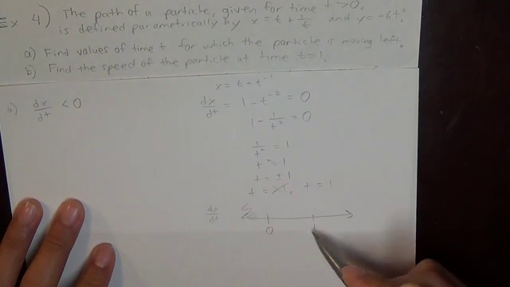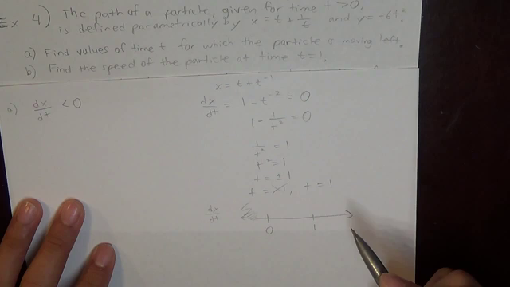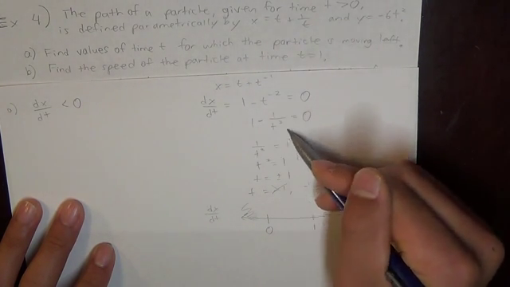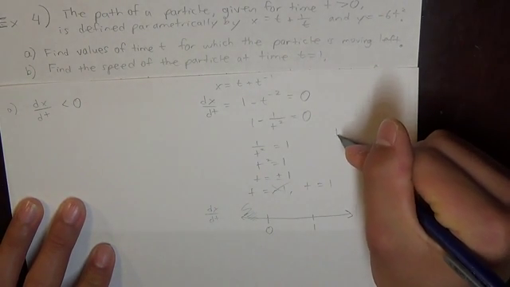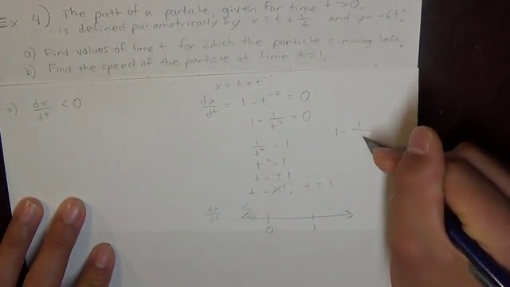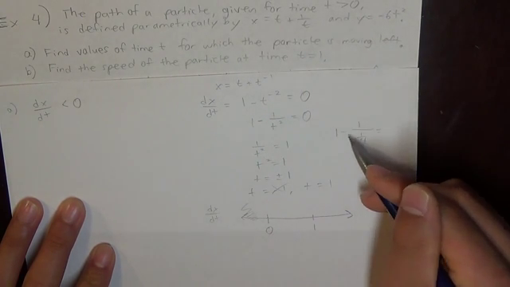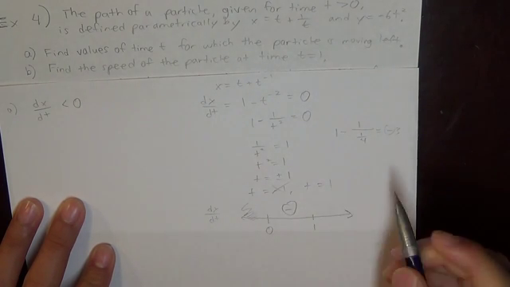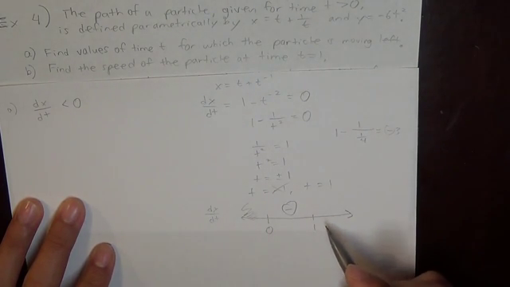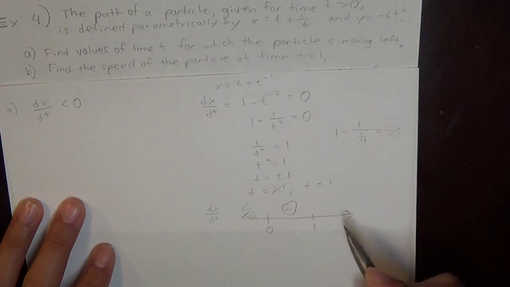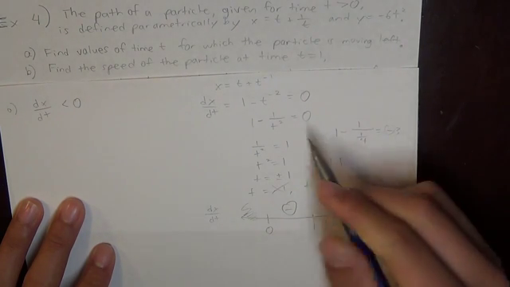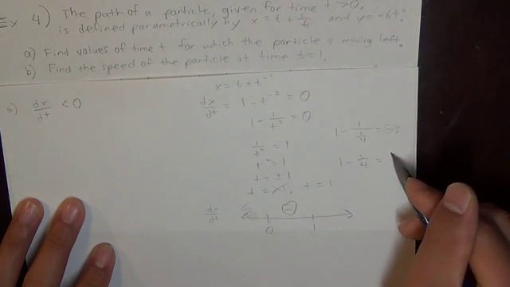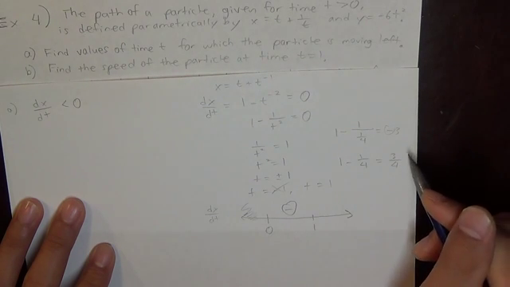If we pick a value between 0 and 1, let's say t equals 1/2, and plug it into dx/dt, 1 over 1/2 squared is 4. So we get 1 minus 4, which is negative 3. It's negative. Then when you plug in a value of t greater than 1, let's say 2, you get 1 minus 1/4, which is 3/4, and that's positive.